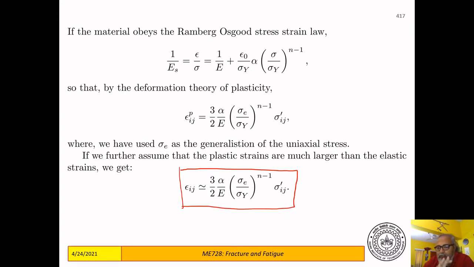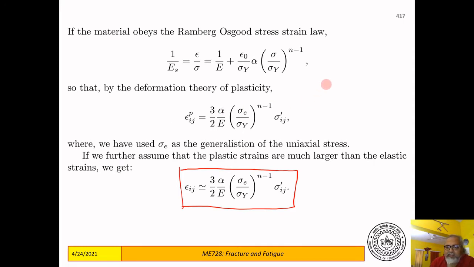There is only one branch of the stress strain response, which is stress increasing and strain increasing. So in that situation, we can actually find the flow rule in terms of a total deviatoric stress and the total plastic strain.